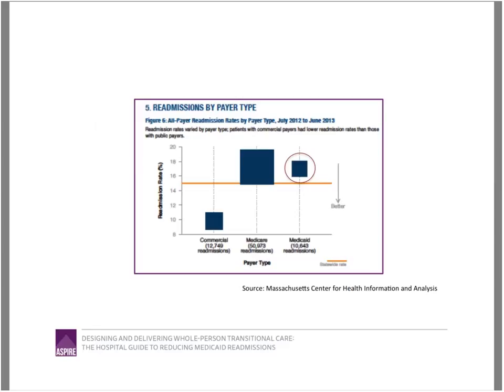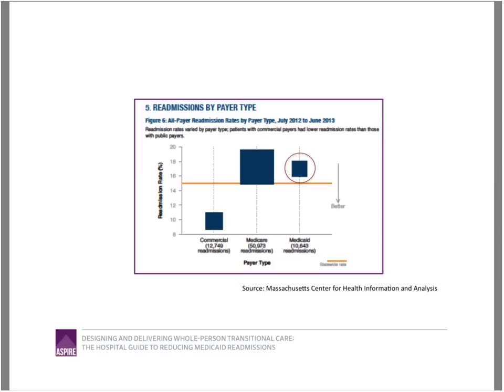So the first slide here is from an all-payer statewide readmission analysis in Massachusetts, and what you're looking at here at the orange bar is the statewide all-cause adult readmission rate. And you can see in Massachusetts it's 15%.